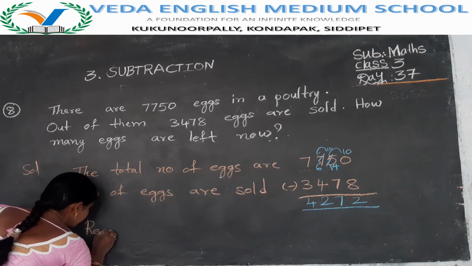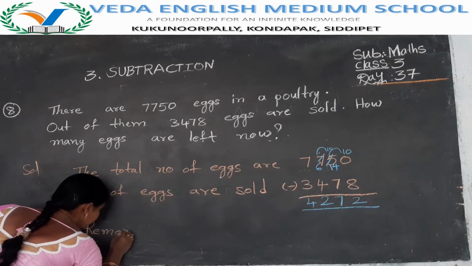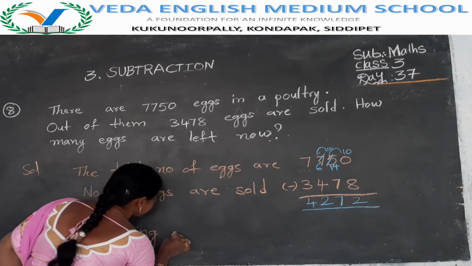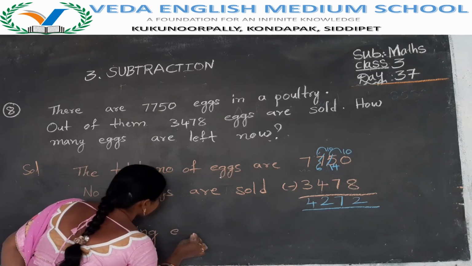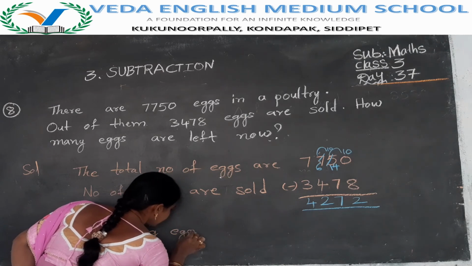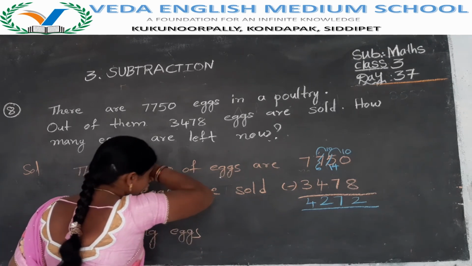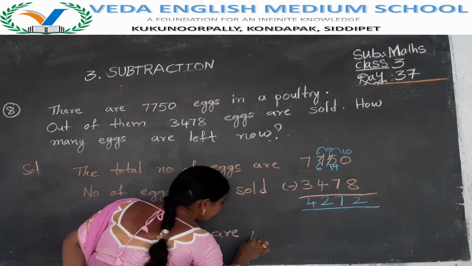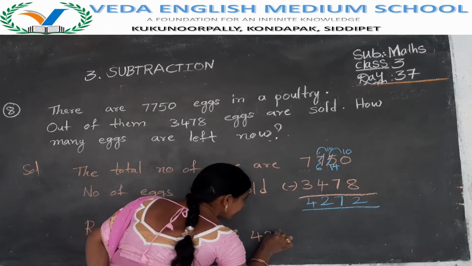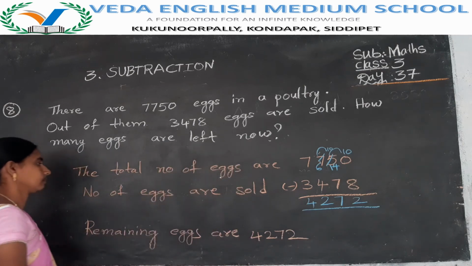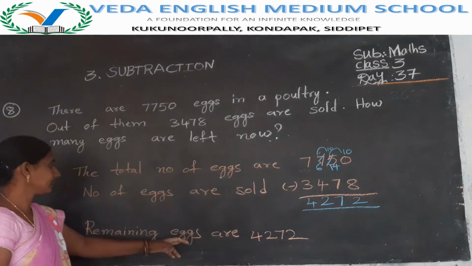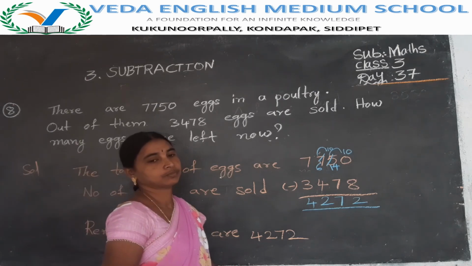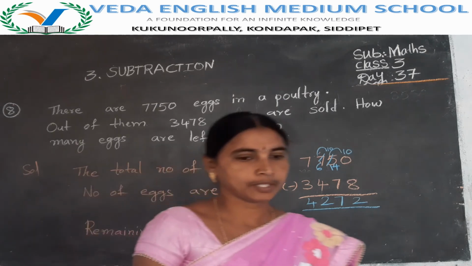The remaining eggs are 4,272. Totally remaining eggs are 4,272. Okay, this is the eighth problem.